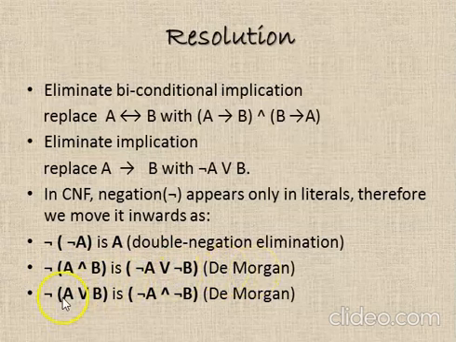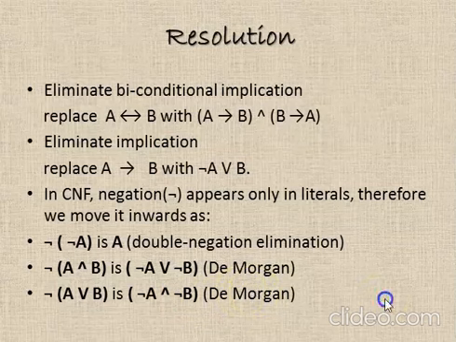Similarly, if the statement is not of A or B, then the result should be not A and not B. Again, it's a De Morgan's rule. So such changes have to be made on the first order logic statement so that it will be in CNF format.